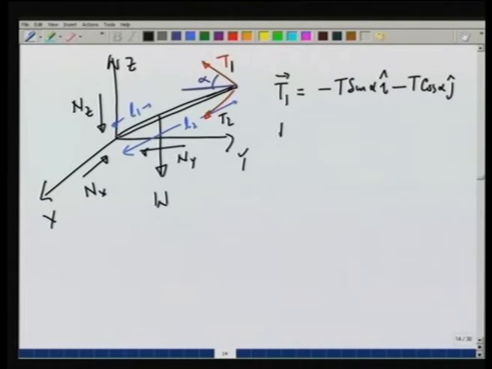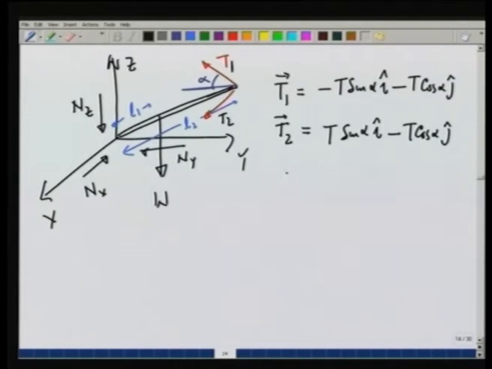Similarly, tension T2 is equal to T sine alpha i minus T cosine alpha j. So, these are the two forces arising from the tension.